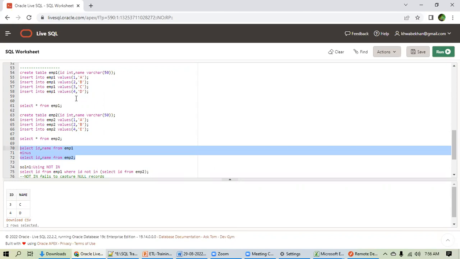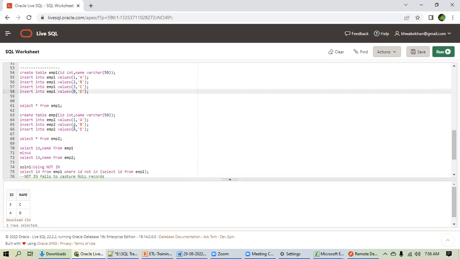Few of you might be thinking, all 4 is present here, 4 is present here. Yes, it is present, but you are considering the combination here, so you have to combine this 4D. Is 4D present here? The combination is not present, so that is why SQL is telling that 3C and 4D are missing in employee 2. Is that clear?